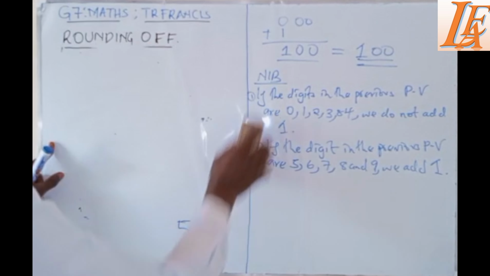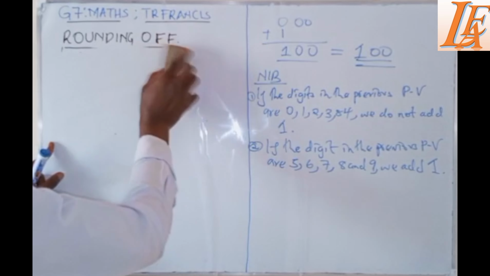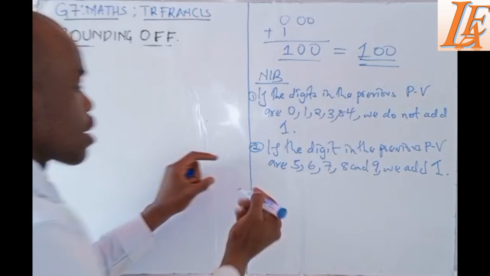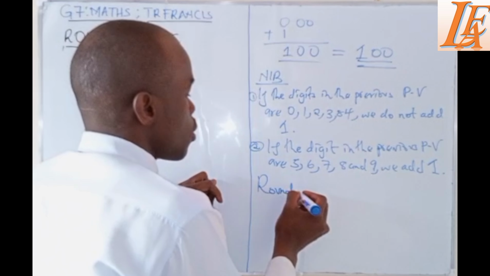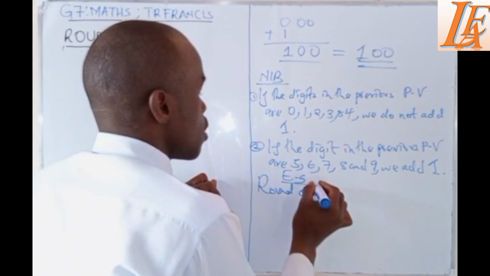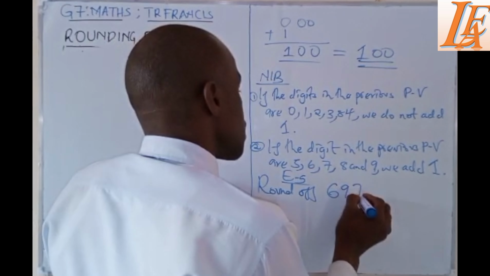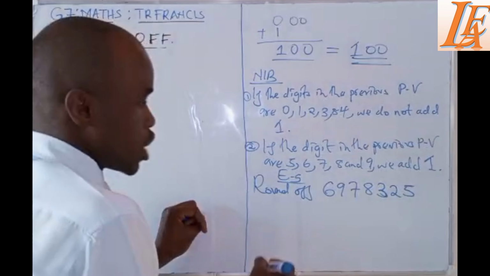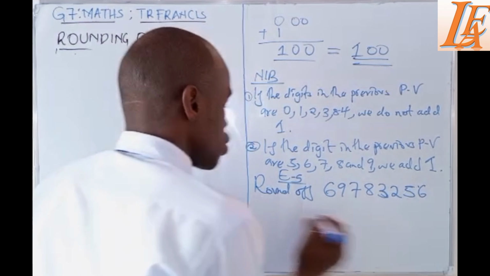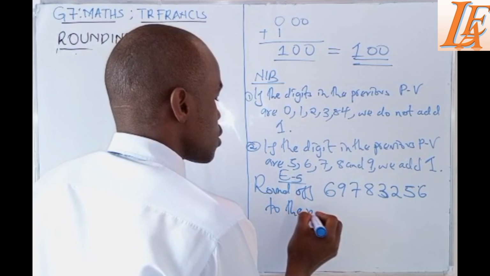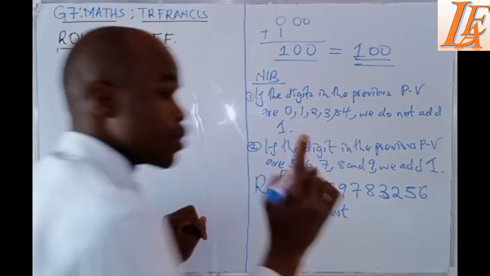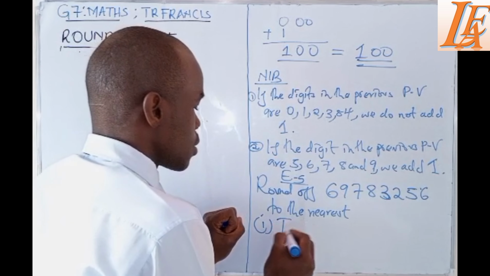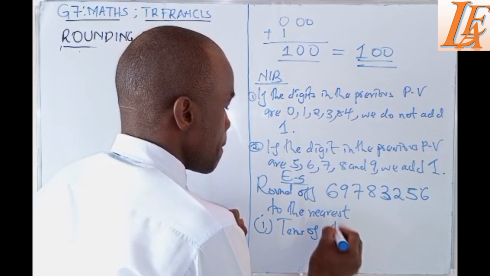Having understood those two facts, put them in mind when rounding off. For example, you may be told to round off the number 69,782,325 to the nearest tens of millions.